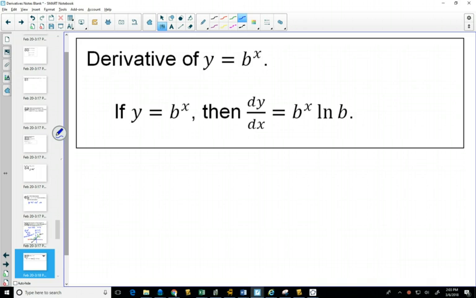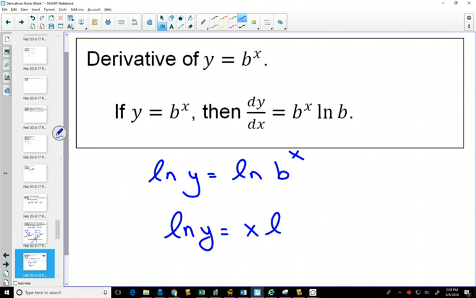So if we fiddle around with this equation a little bit, natural log of y would equal natural log of b to the x, right? And, okay, bring the x out in front, and natural log of y is equal to x natural log of b. There's our log laws.